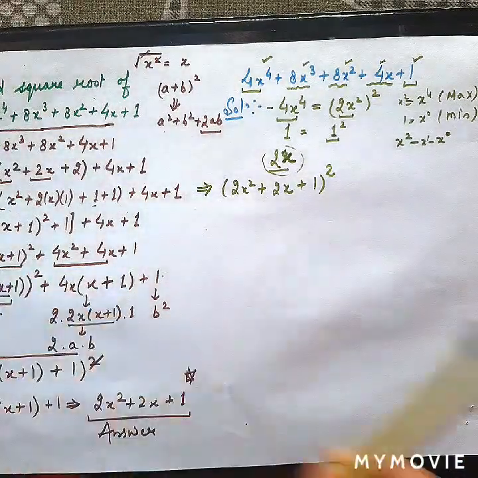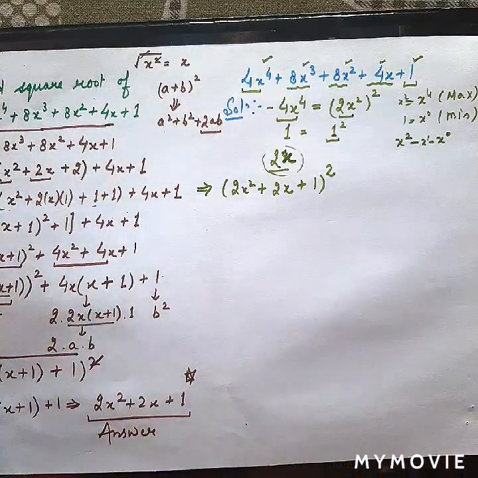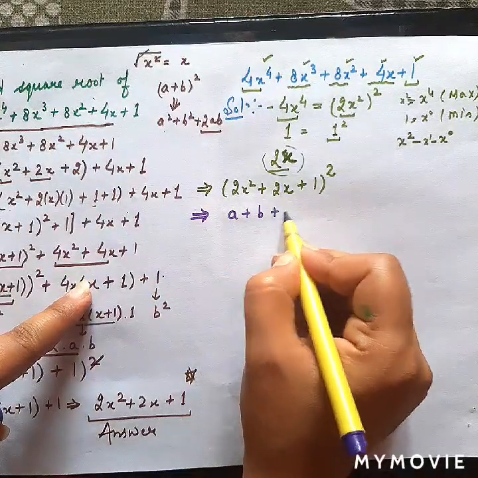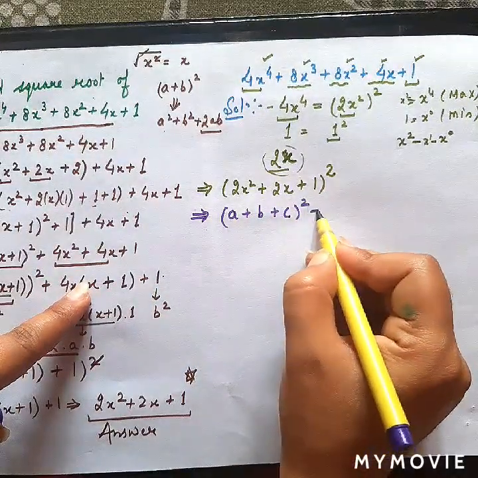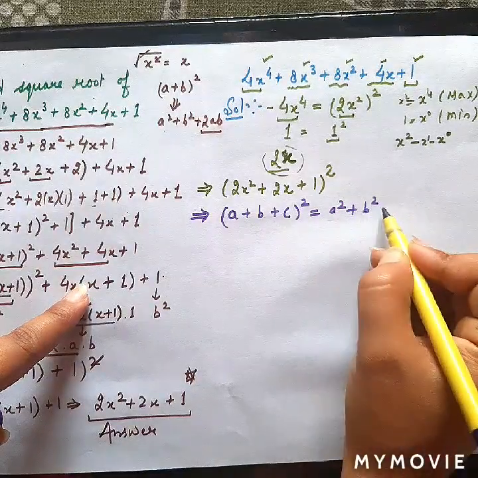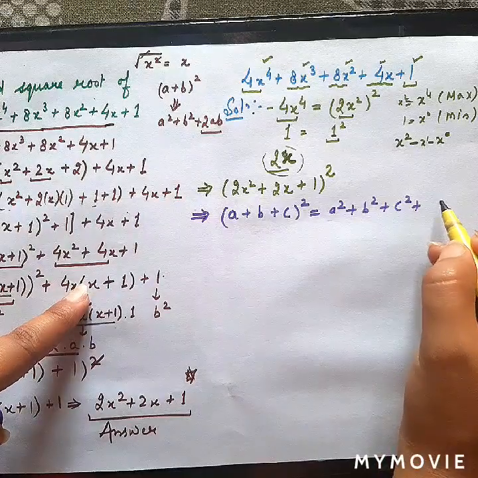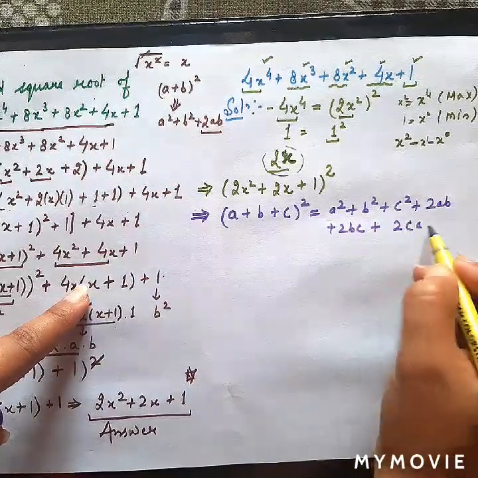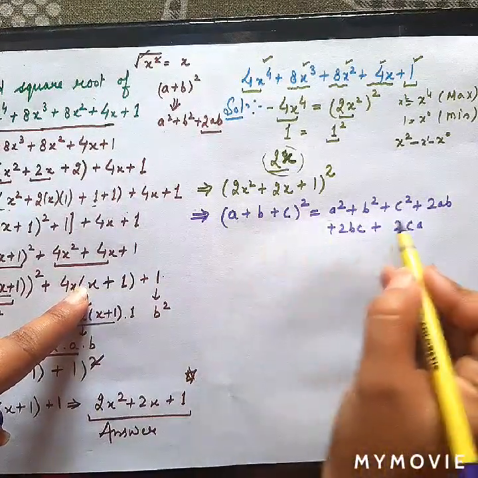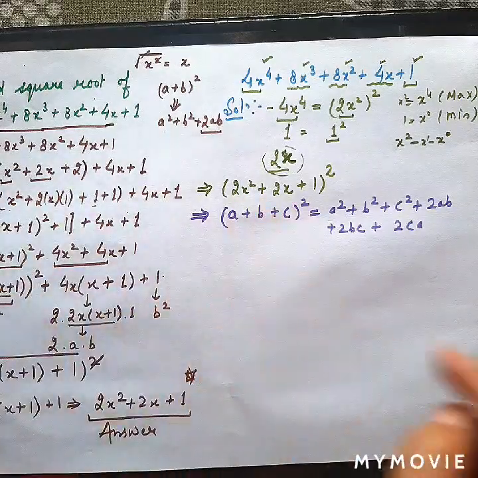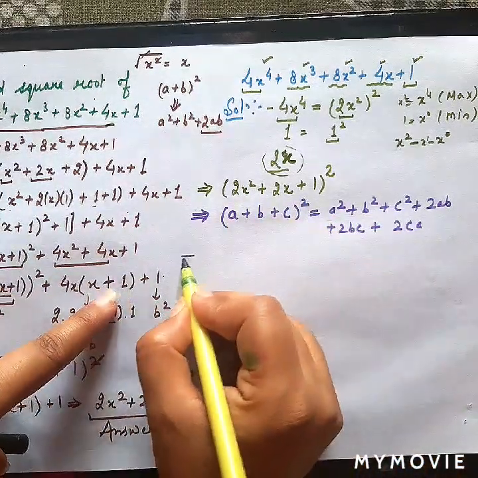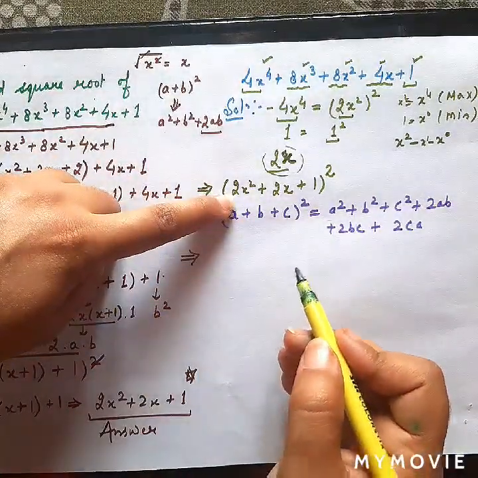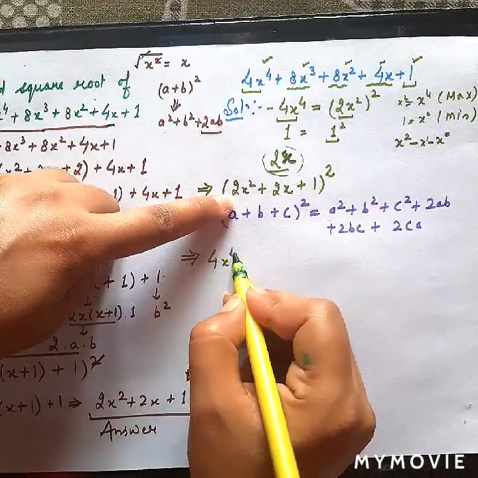Now just see what happens if you square all these terms. Before that, we have a formula: (a plus b plus c) whole square is equal to a square plus b square plus c square plus 2ab plus 2bc plus 2ca. We will apply this formula to this expression. First of all, a square, which is (2x square) squared, equals 4x raised to power 4.